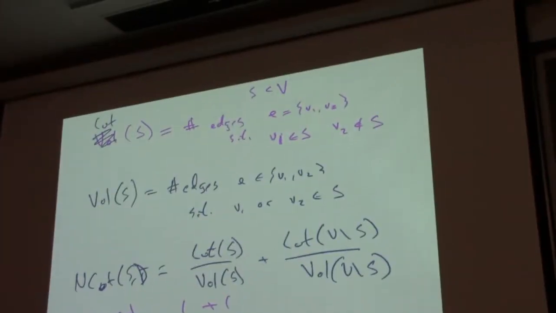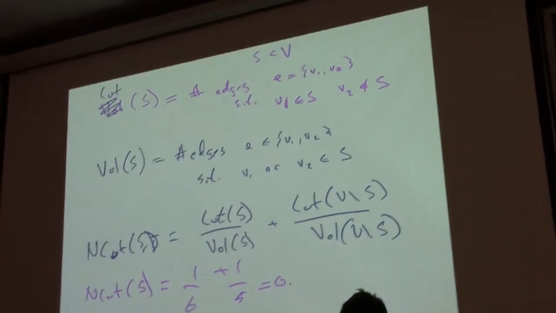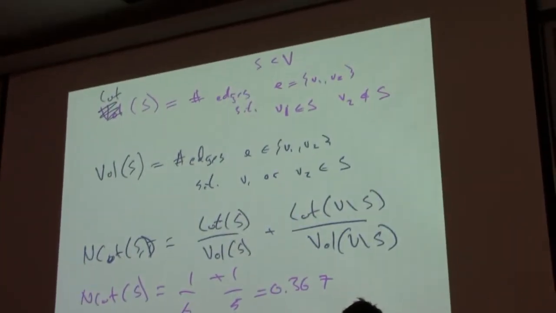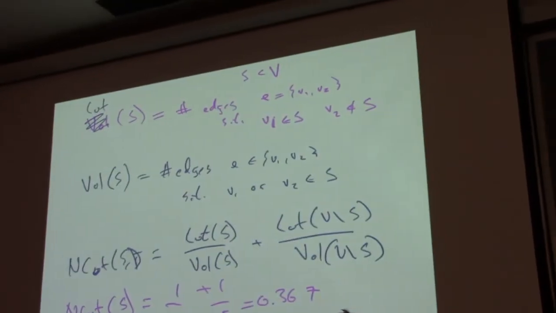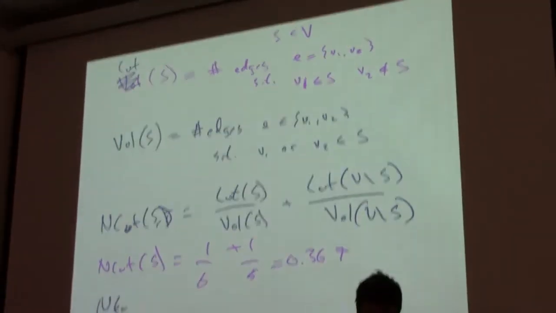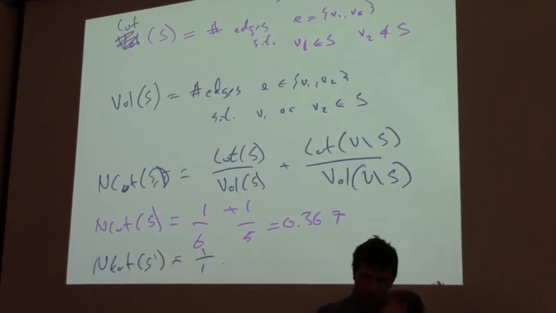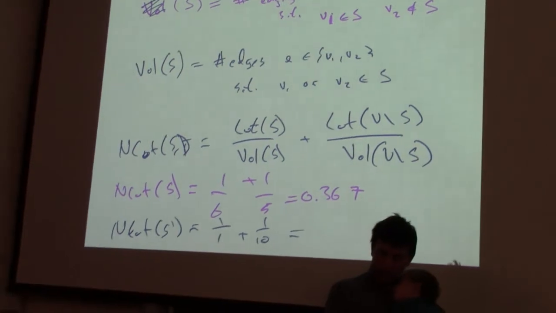And according to my notes, this is 0.367. And then the normalized cut of the blue one, so Ncut S prime, is going to be 1 over 1 plus 1 over 10.